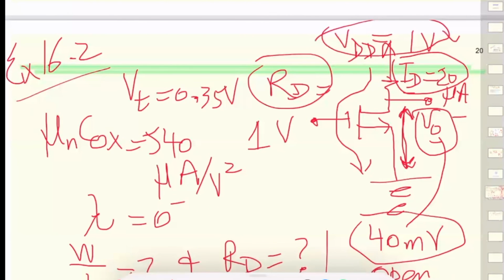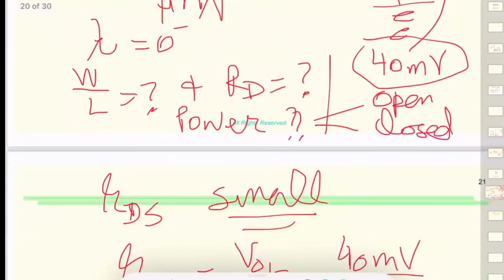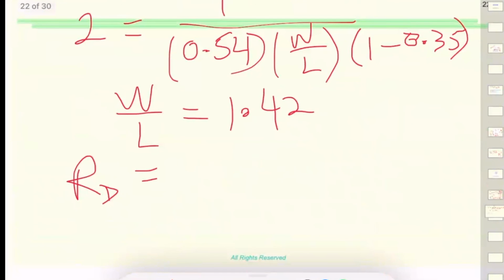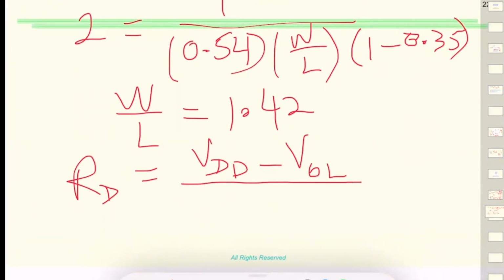So this voltage is known, this voltage is known, and we know the current here. So it's straightforward in that node. It's VDD minus VOL, which they both are given, divided by ID.